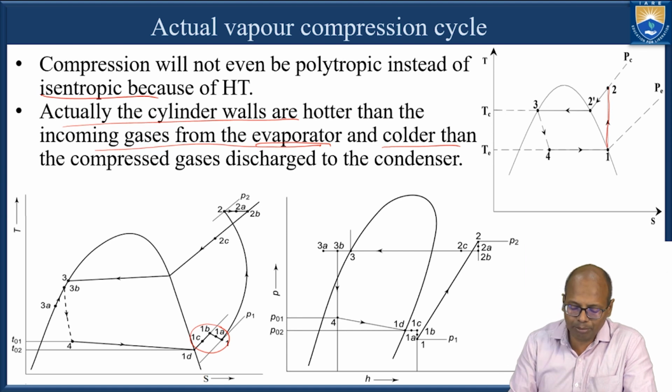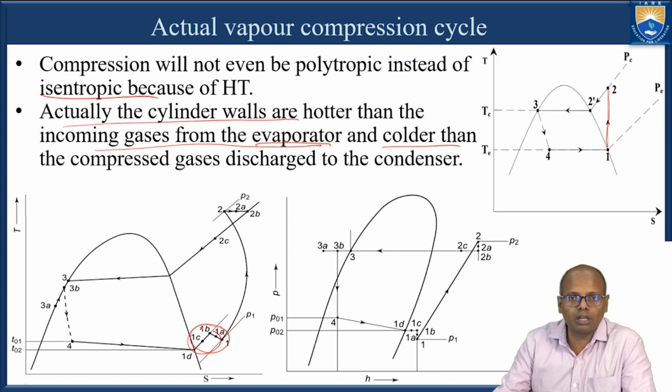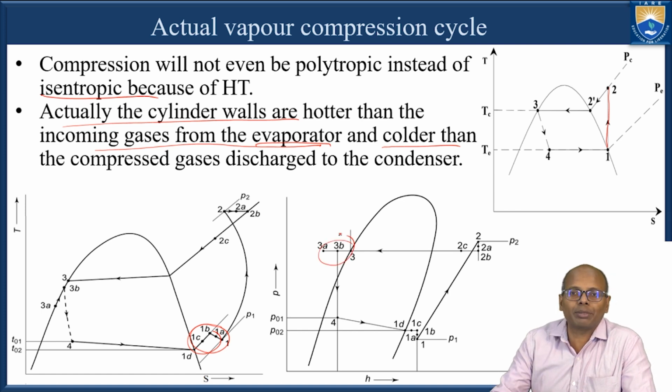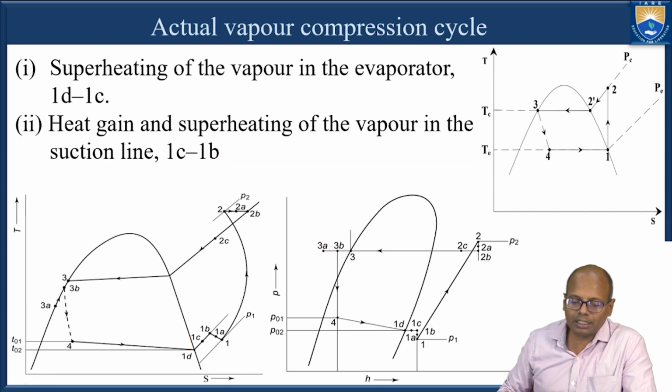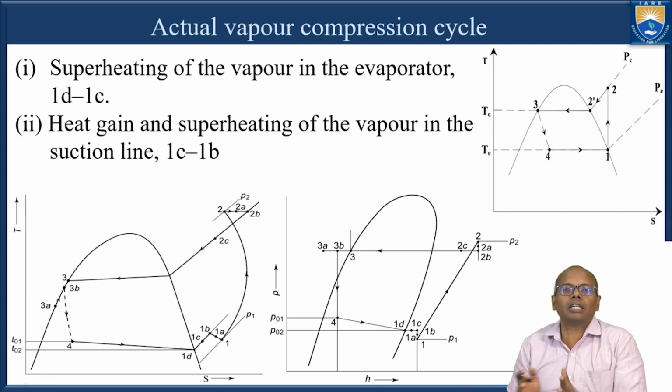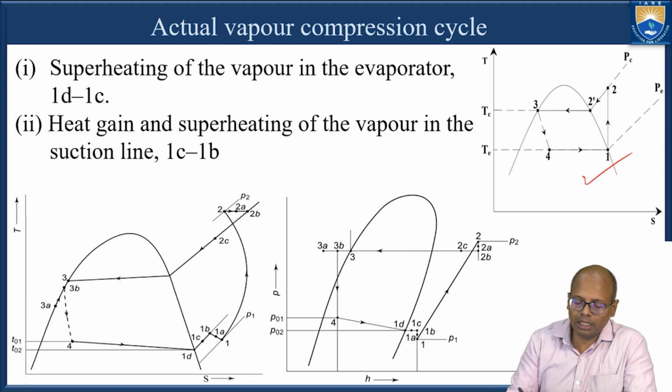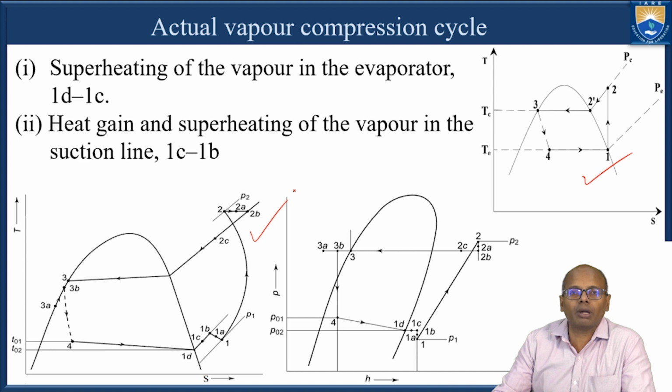So what happens is the temperature of the fluid will be less than the temperature of the cylinder walls. Because of that, there will be some superheating. And here already some cooling is happening, and because of that there can be a subcooling. So these are different reasons why the ideal vapor compression refrigeration system is not possible, and how this actual vapor compression refrigeration system comes into the picture, we will see step by step.